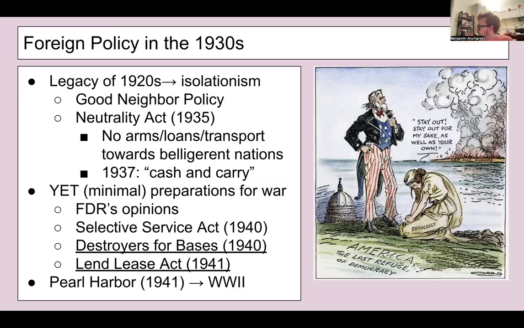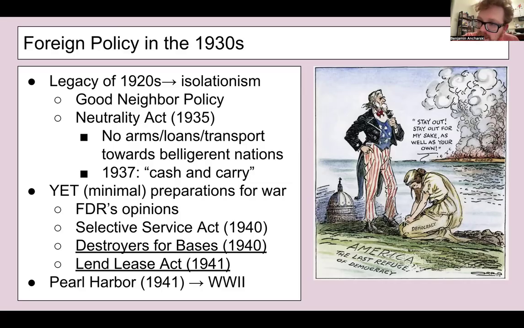The Lend-Lease Act essentially is going to lend not just money, but more importantly, supplies and military equipment to countries that are designated as protecting American foreign policy interests overseas. There is direct military supply assistance to not just the British, but to the Chinese fighting against the Japanese in the Second Sino-Japanese War.